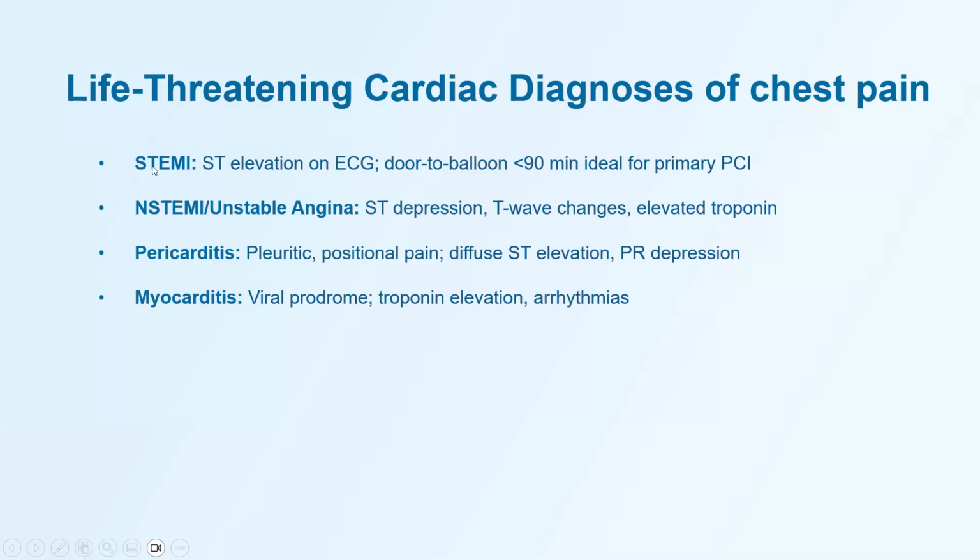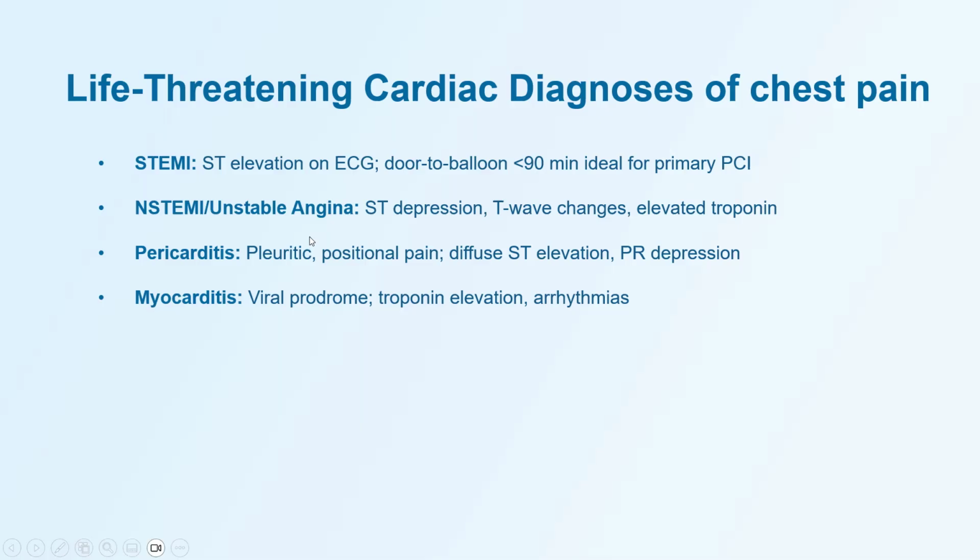If a patient has typical chest pain and you see ST elevation on EKG, 2 mm or more on chest leads, 1 mm or more on limb leads, and we have ideally less than 90 minutes from door, when they arrive at the emergency room, to balloon or cardiac catheter lab, we will consider them a good candidate for primary PCI, directly without waiting for thrombolysis or other reperfusion strategies. STEMI is life-threatening.